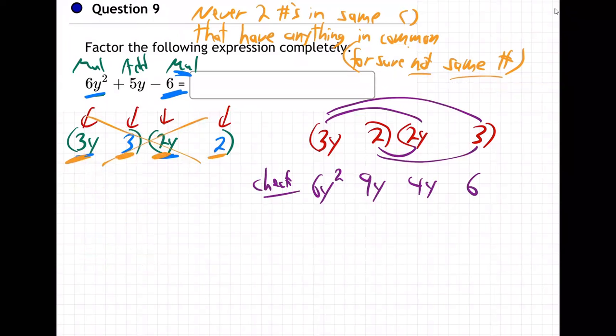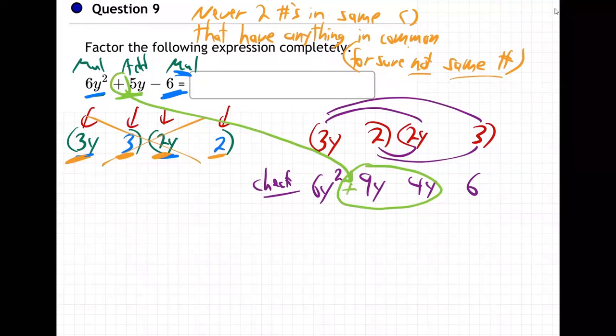Now ask yourself, how can the middle two terms here somehow, with pluses or minuses, make the middle term? And the first step is automatic. The sign in the middle goes to the bigger number automatically.